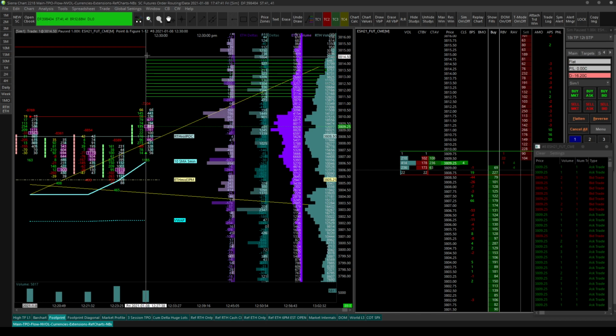It's going to print a new bar anytime there's a movement in one direction and then it reverses 12 ticks the opposite direction. So if this bar opened here and it moved 1, 2, 3 ticks down, right where it's purple, and then price turned around and went back up 1, 2, 3, 4, 5, 6, 7, 8, 9, 10, 11, 12.